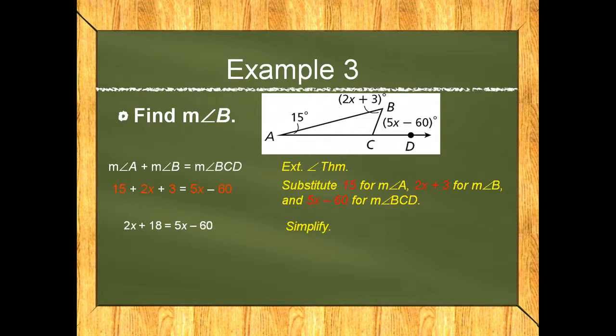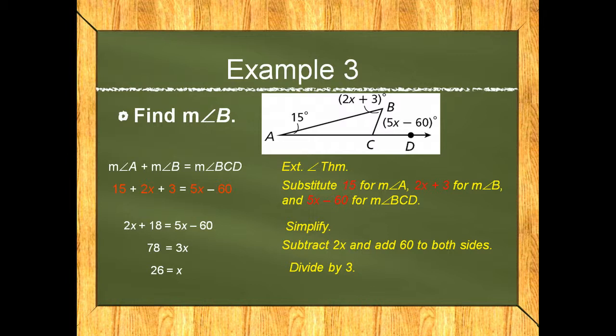We'll simplify that up a bit, and we get 2x plus 18 equals 5x minus 60. Subtracting 2x from both sides and adding 60 to both sides, we get that 3x is 78. And then we divide by 3 to get that x is 26.